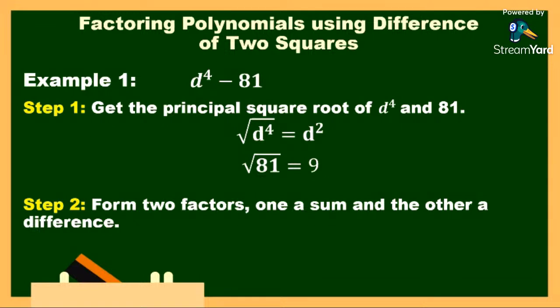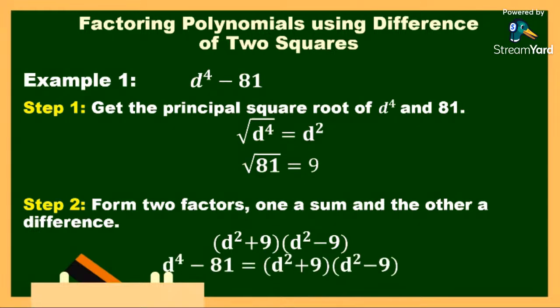So, the quantity of d squared plus 9 times the quantity of d squared minus 9. And the polynomial expression d raised to 4 minus 81 has the factors of the quantity of d squared plus 9 times the quantity of d squared minus 9.